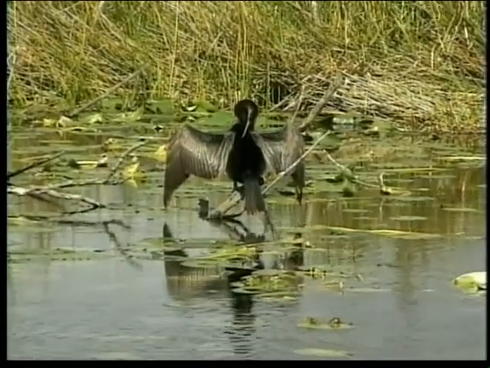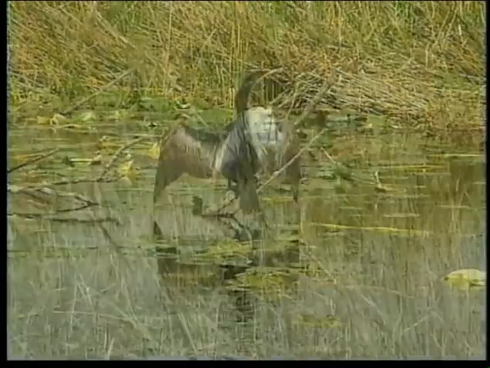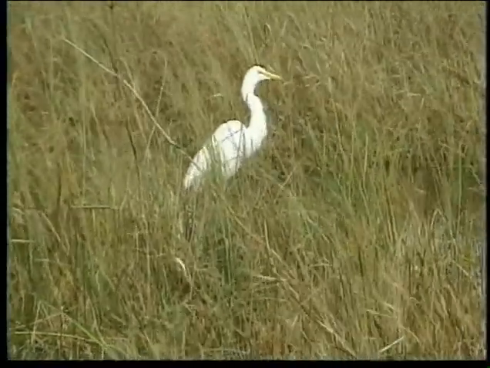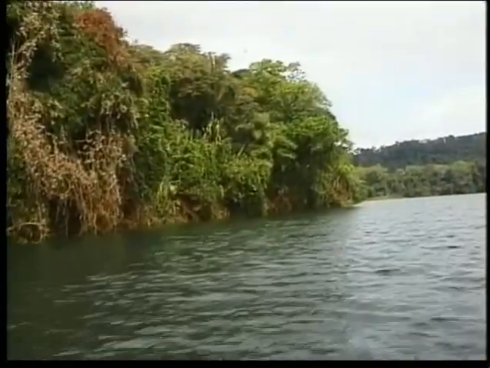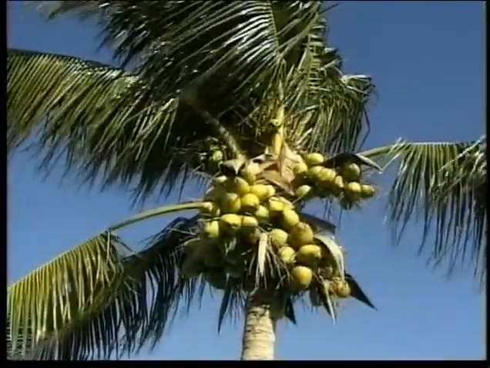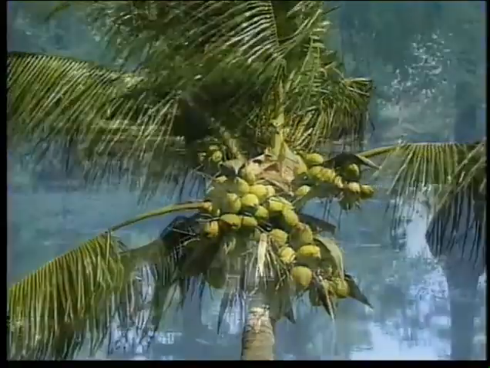This wet climate is called a moist subtropical climate. Here, summer heat and abundant rainfall make the climate similar to that of the tropical forests found near the equator. But in the winter, temperatures cool and precipitation decreases.